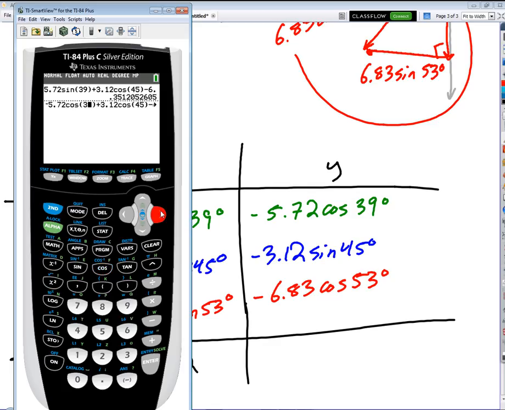Next one needs to be negative also, so we'll just overwrite that plus sign with a minus sign. I gotta change the cosine to a sine. Next one is negative also, which it already is. Now change the sine to a cosine. And we got it. So this one is roughly negative 10.7618.